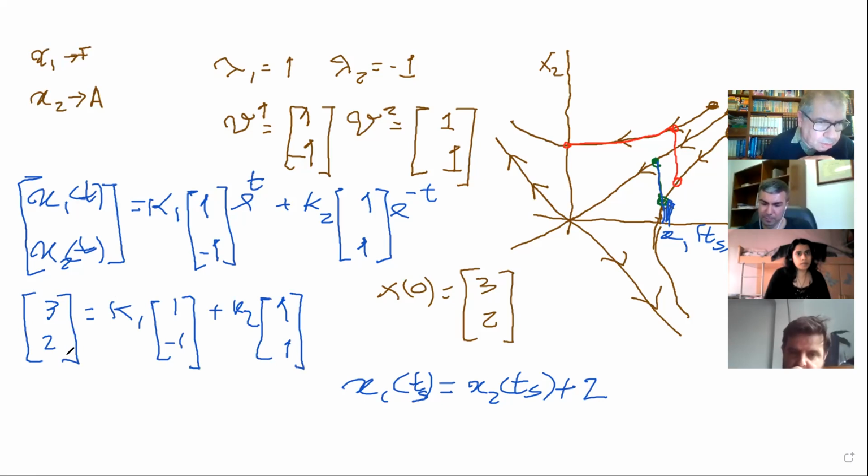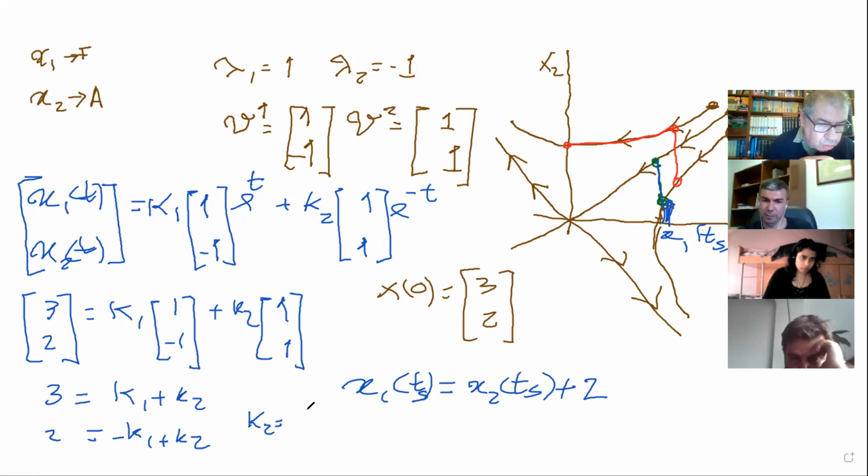Okay, so 3 equals k1 plus k2, and 2 equals minus k1 plus k2. So 2k2 equals 5, and k2 equals 5 divided by 2.